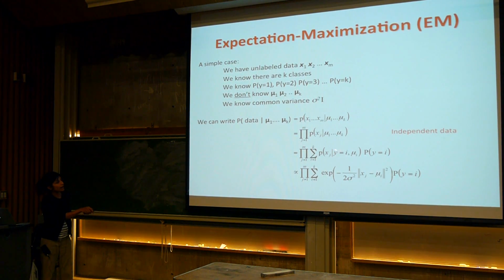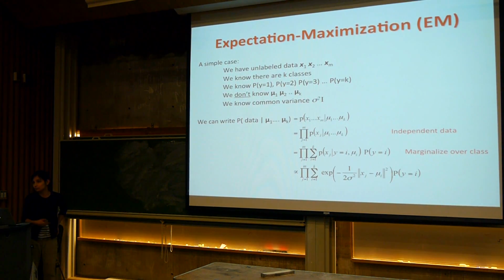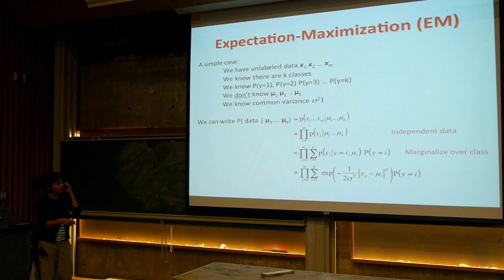And how is each data point drawn? It's drawn from this mixture. So instead of p of x, we are plugging in the sum over all the k components of the probability of drawing that particular value xj under each component times the probability of that mixture component. We are just marginalizing over the class because we don't know the class.